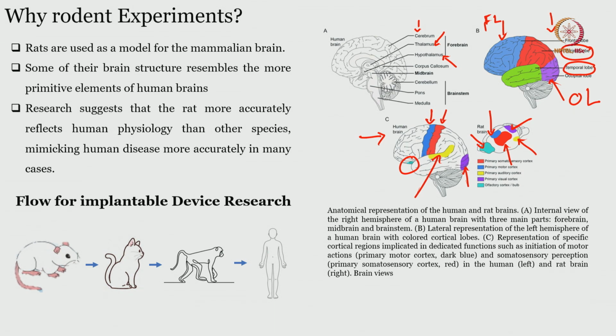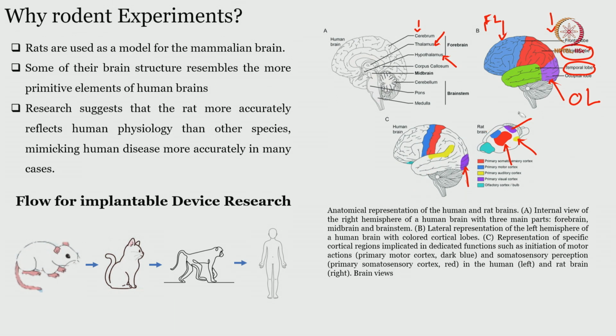Then we have primary somatosensory cortex, primary visual cortex, and finally the olfactory cortex or olfactory bulb. Okay. So, these are the anatomical representations of the human and rat brain.